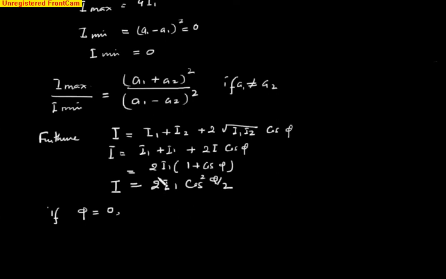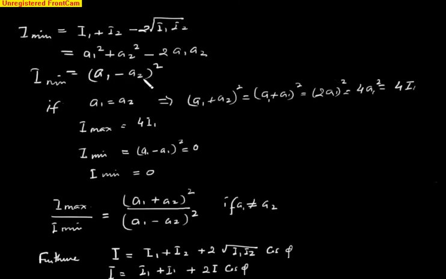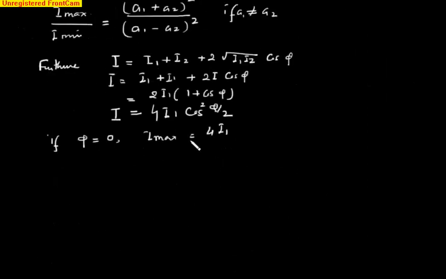Oops, I should write here 4, because I will get 2 cos square phi by 2, and therefore I will get 4 times I1. So in that case I maximum will be equal to 4 times I1, when amplitudes are equal. From this expression also we get the same, and it happens when phi is 0.